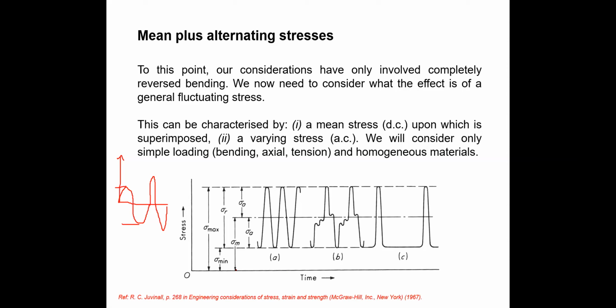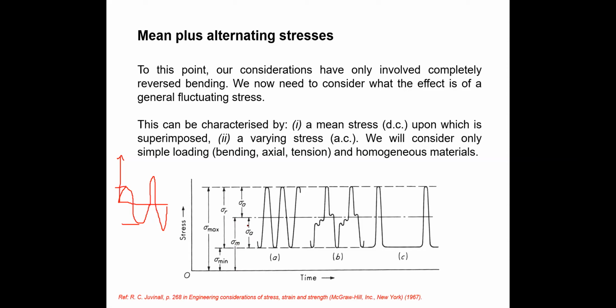You can see in here, this is mean stress. So all the points in here are shifted upward. If you apply a compressive load, it will go downward. Okay, so we call this the mean stress. And this is the alternating stress you are going to apply.